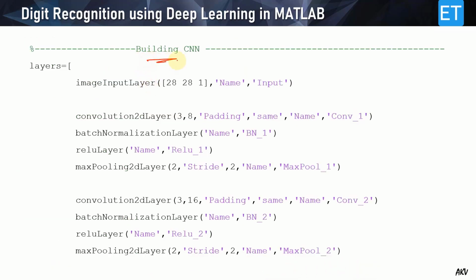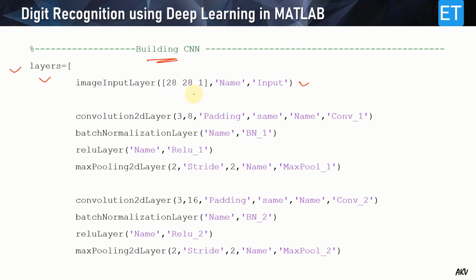Now this is the syntax for building the CNN. See carefully. First we have to define the different layers of our CNN. As I have already explained these different layers and their syntax, it is now easy to understand. First we define the input layer, which will accept the image in the format 28 by 28 by 1.